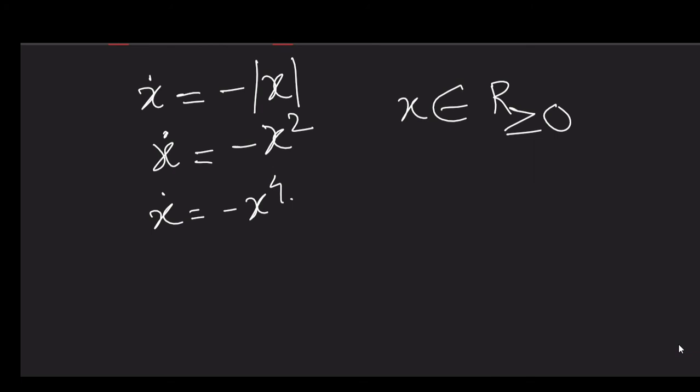Like if you take the positive side of the real number line, these systems behave like a stable system.